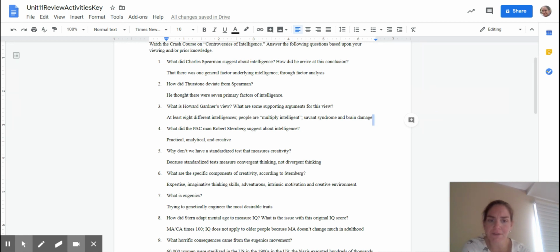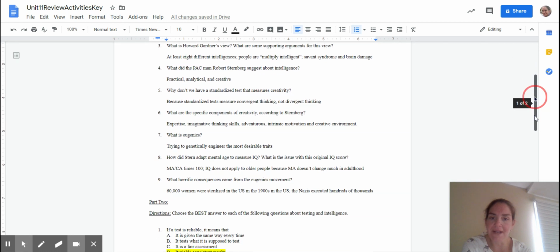Some supporting arguments for this view were savant syndrome and brain damage. Because with savants, they can excel in one specific thing, whereas they are kind of deficient in another.